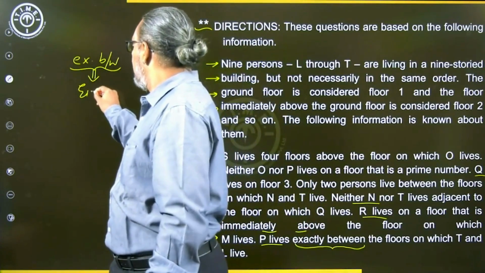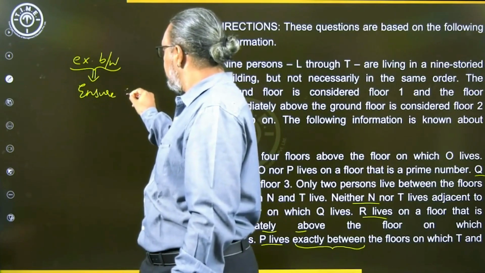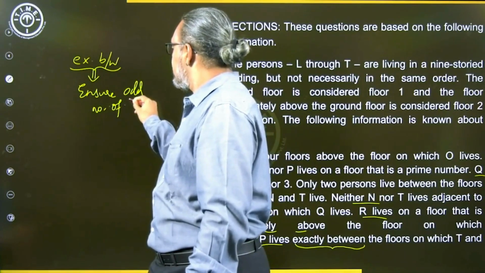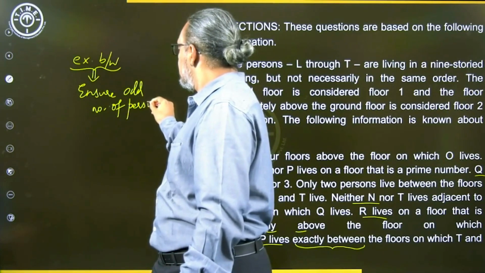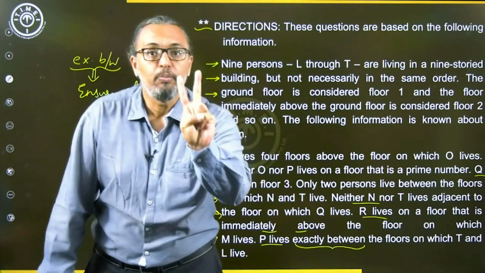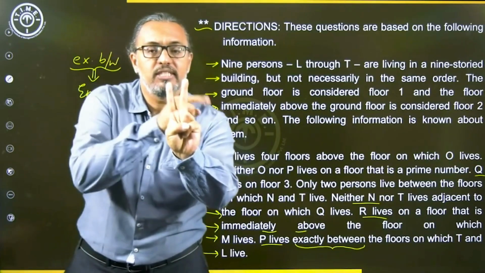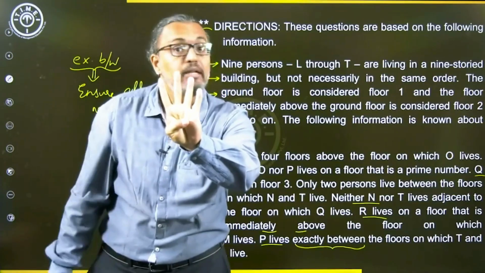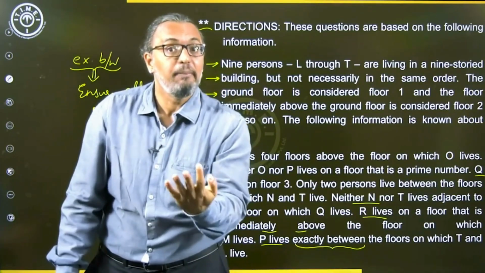I'll explain why. So, ensure an odd number of persons between. Now, see, if I have 2 persons between, can I choose which is exactly between? No. If I have 4 persons between, can I choose exactly between? No. So, they are even numbers, not possible.